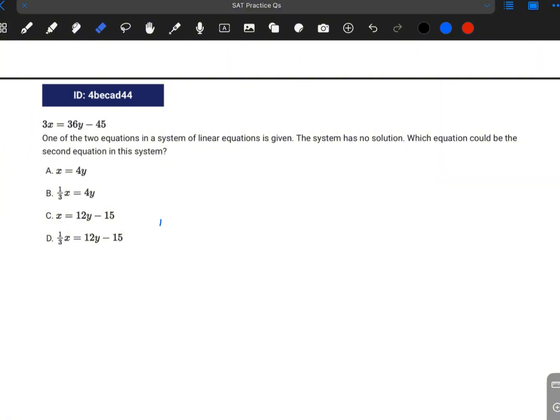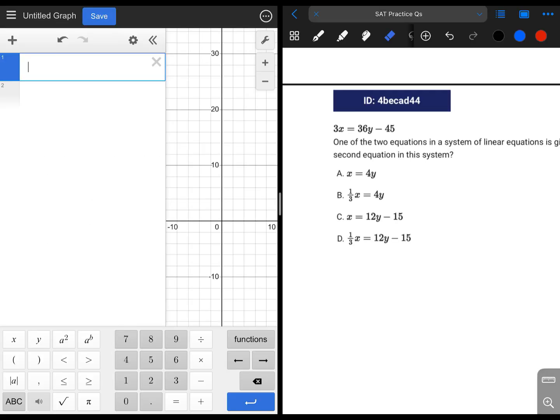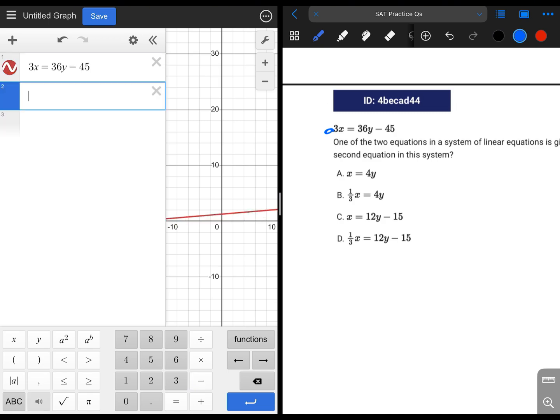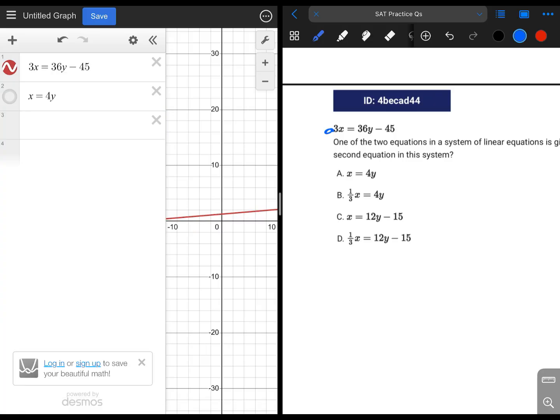So let's do that right now. Going to Desmos, we can first plot the given line, which is 3x is equal to 36y minus 45. And now we go with every single one of the answer choices. X is equal to 4y, and that has a point of intersection, so we can take that out.